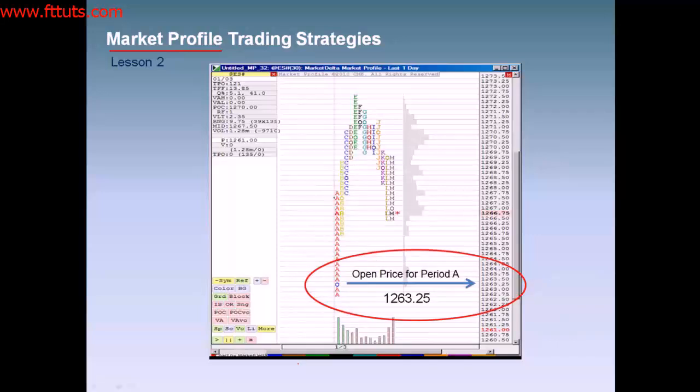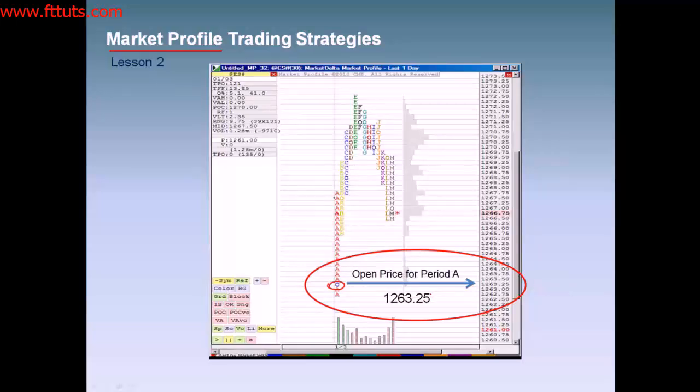Now, it is always important on any market profile to note and to keep track of the open price for period A, because that's typically the beginning of any session. And the way that we identify the price is simply by going over to the left-hand side, directly in front of the TPO that we're interested in, and this is the point, the O, where we open, and look at the price and identify the price that way.